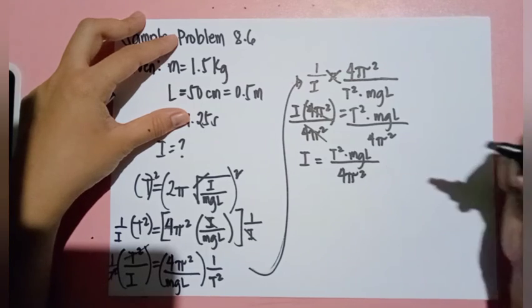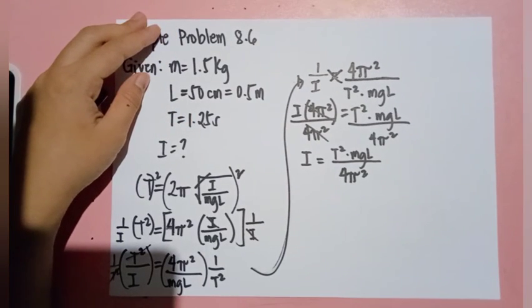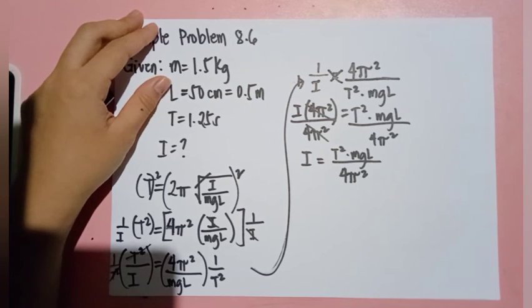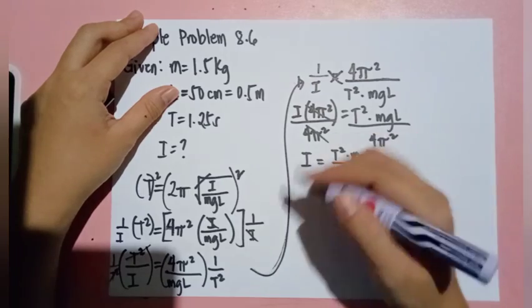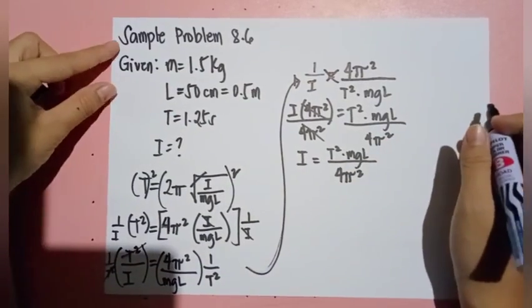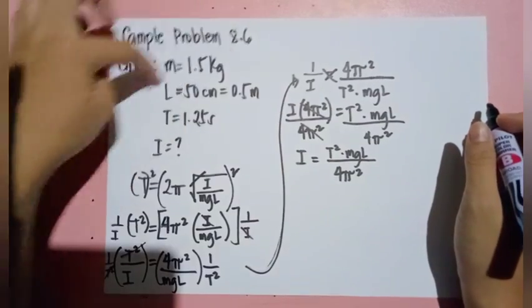So this is how the equation, which is directly given in the sample problem 8.6, is being derived. So from here, we have, of course, to substitute the values that we have here.